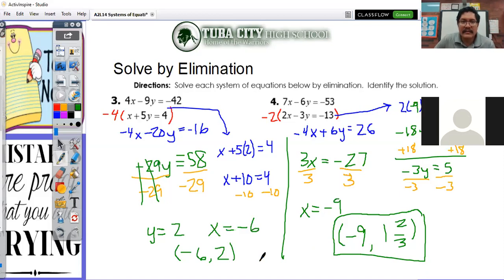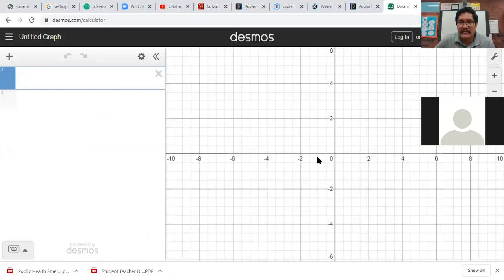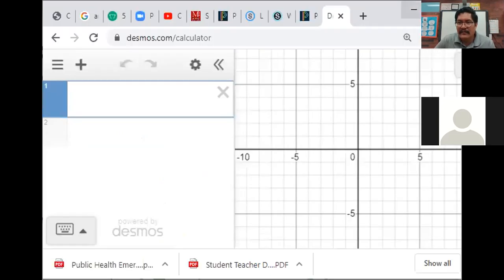Okay, so what I'm going to do now is go ahead and switch over to Desmos. Come on, why is it not sharing? All right, so hopefully, I think you can see it now. So I'm going to type in what we had from this problem, just to check it.